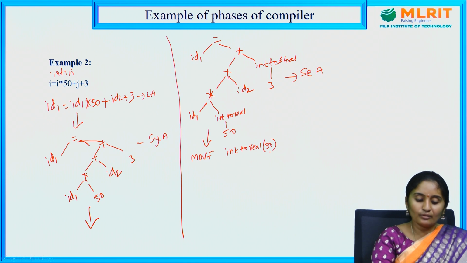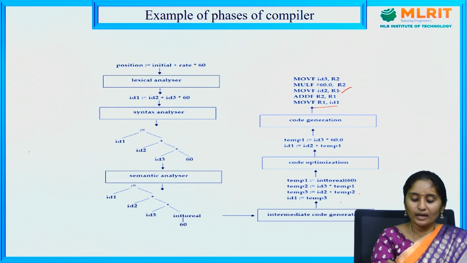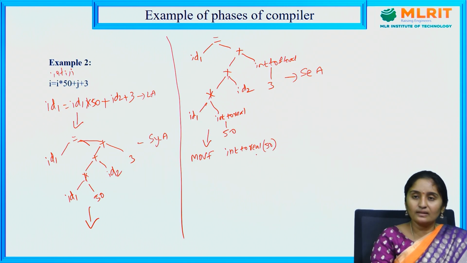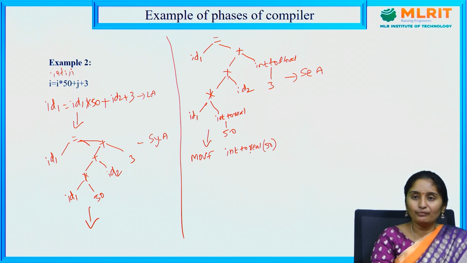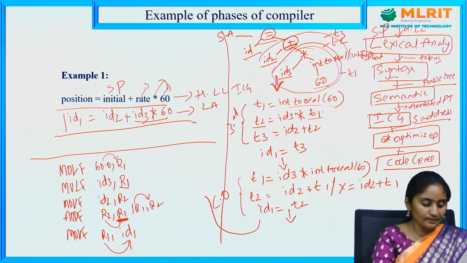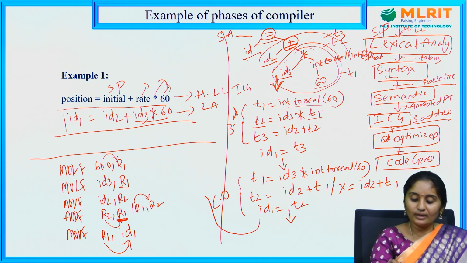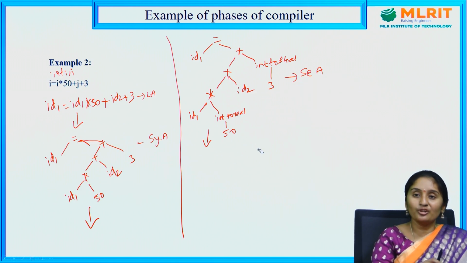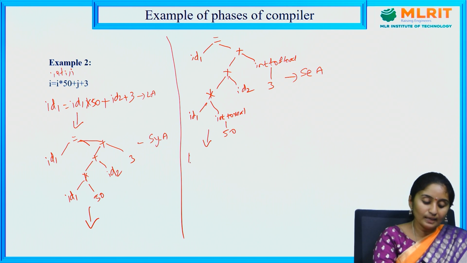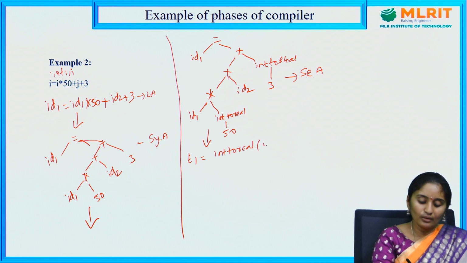We are doing the same thing here that we have done before. Next, we generate the 3 address code, which is nothing but using temporary variables. Int to real of 50.